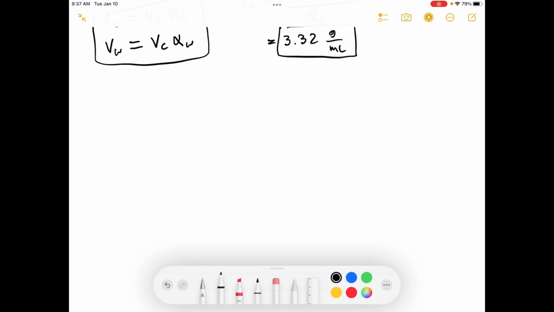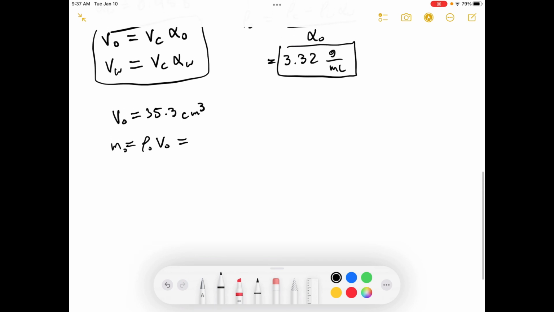Okay, so we know that the volume of the oil in this case is 35.3 centimeters cubed. We know that the mass of the oil in that case would be the density of the oil times the volume of the oil. We just calculated what the density of the oil was.